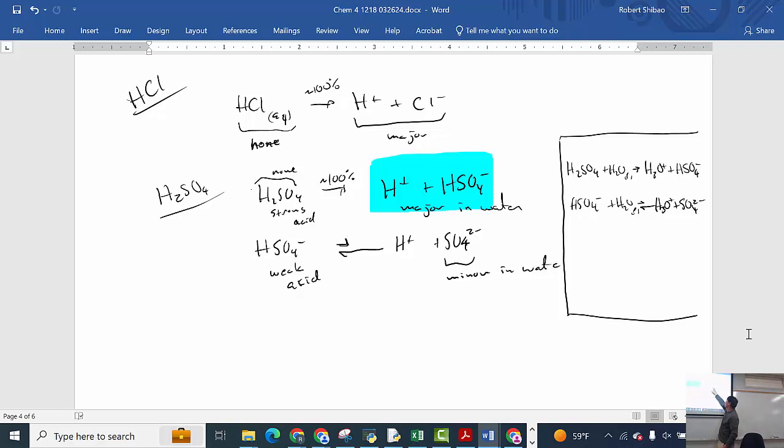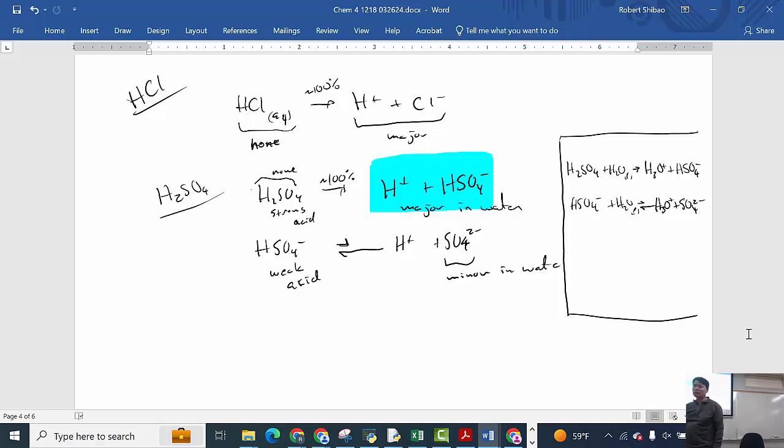The first hydrogen, water can pluck off easily. Water comes along, water's the base, it takes the proton. The second one, water has a much more difficult time. This ends up being a tug of war for that proton, and sulfate wins. Only about 10% ionization here, so maybe water wins about 10%, and sulfate retains 90% of the proton. And so we don't see much sulfate.